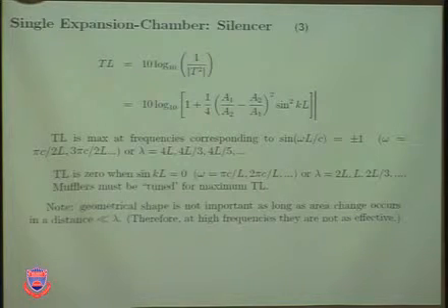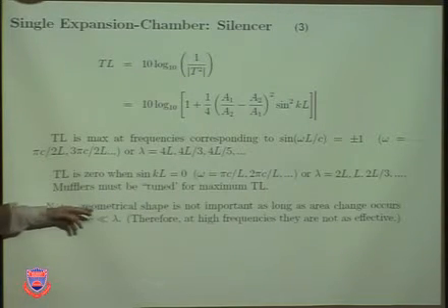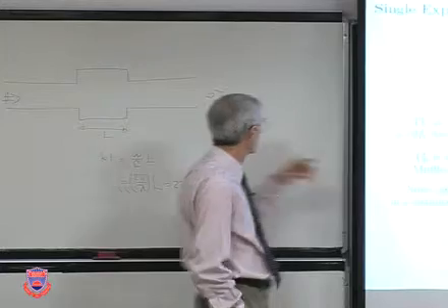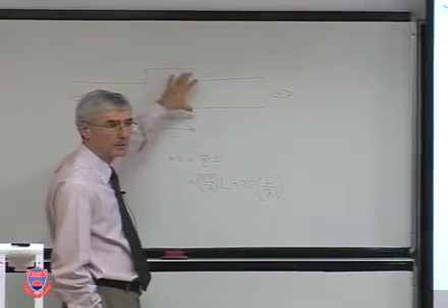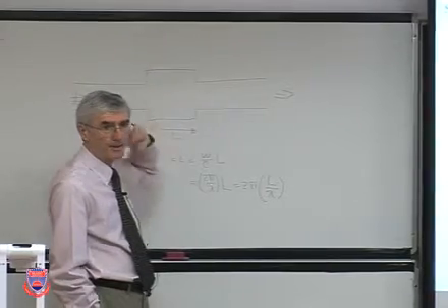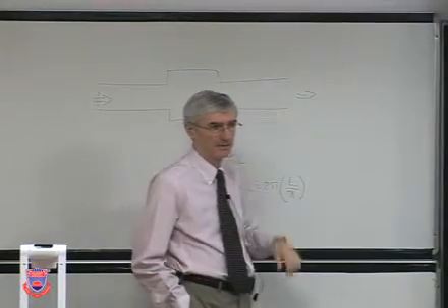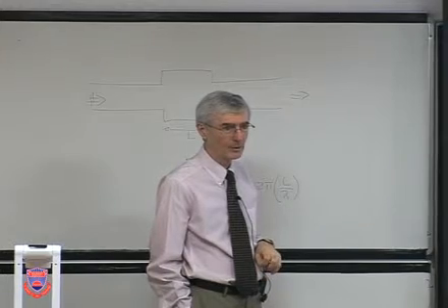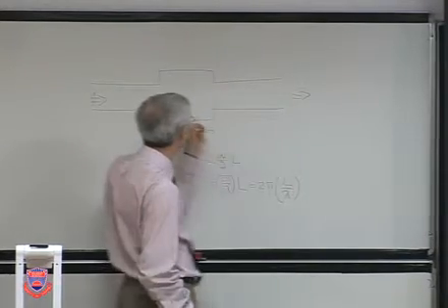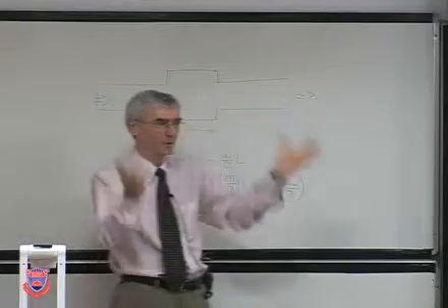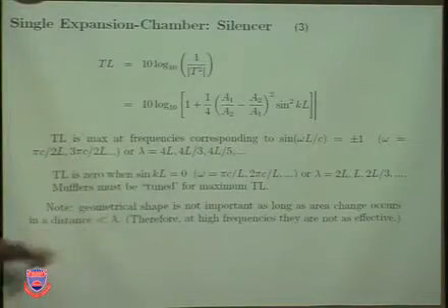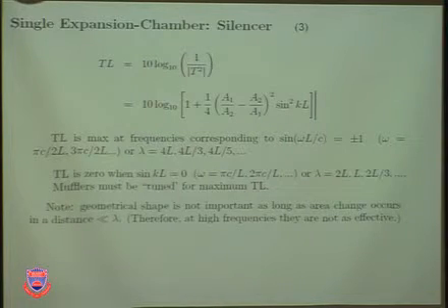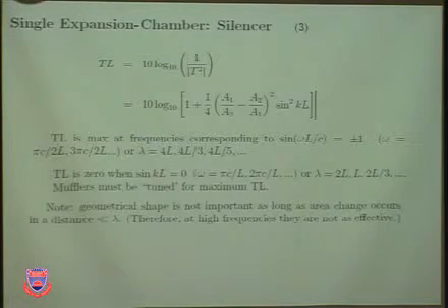So the one thing to keep in mind is the geometry of this. The geometry of the silencer is not that important. It could be any kind of volume as long as its area change occurs in a distance that's less than lambda.